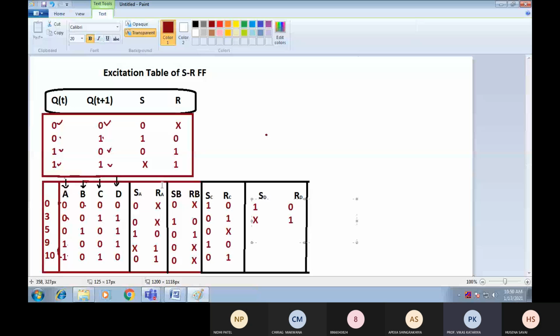Next is 1 1 again, cross 1. And then 1 and 0: present state 1, next state 0, then 0 1. And the last one is present state 0, next state 0, that means input 0 and don't care.